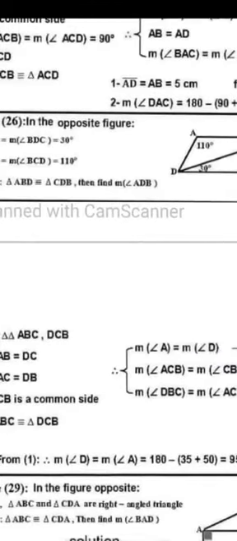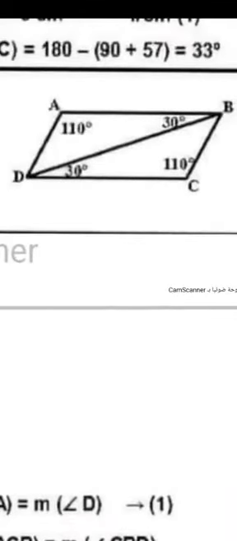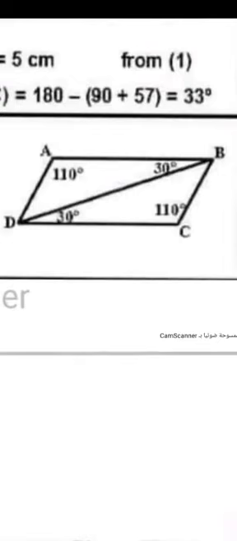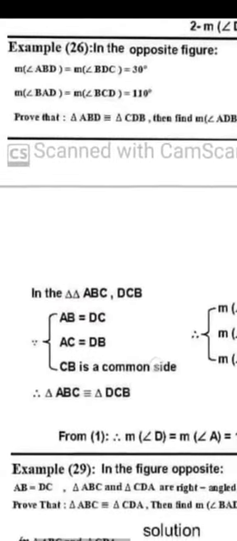Then each two opposite sides are equal in length. Then AD equals BC and AB equals DC. Now AB equals DC and AC equals DB, and CB is a common side, the side between the two triangles. Then we find triangle ABC is congruent to triangle DCB.